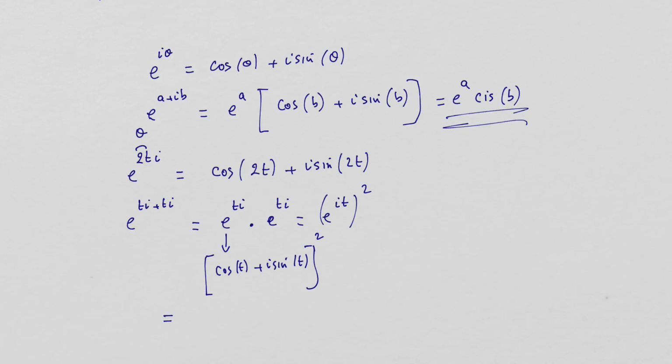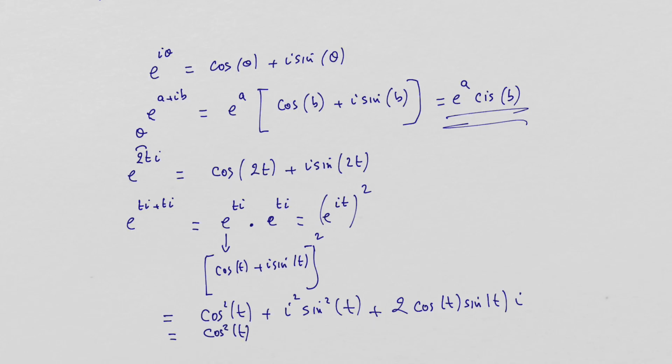So you square a binomial, you square the first piece, plus the square of the second piece, plus twice the product. Now, I'm almost done. So this is cosine squared t minus sine squared t, and then you have 2 cosine t sine t i.